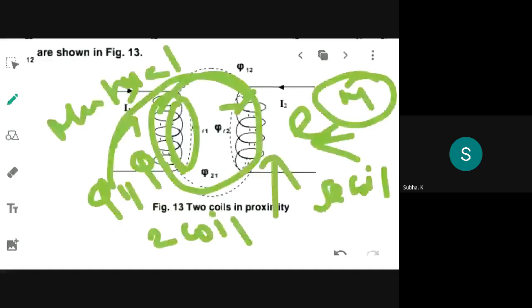Let that flux be phi 22. The flux will link not only with this coil, it will also link with the primary coil, because of which there will be a mutual inductance between these two coils, and here also you will have mutually induced EMF. So you need to derive equations for coefficient of coupling, mutual inductance, and mutually induced EMF.